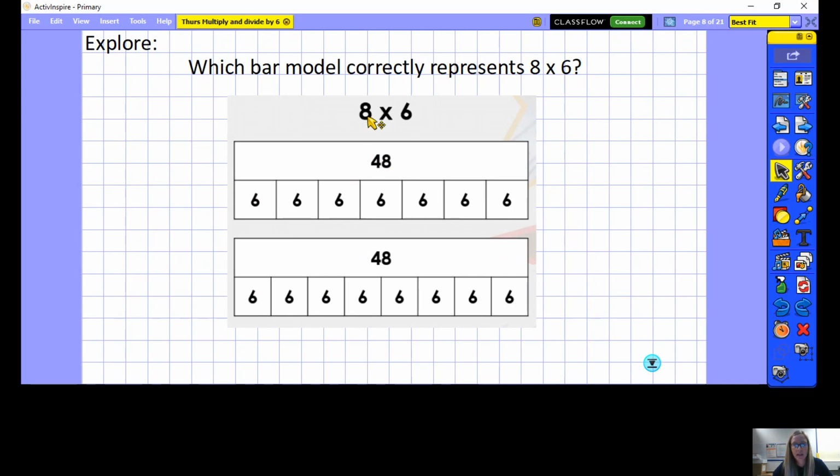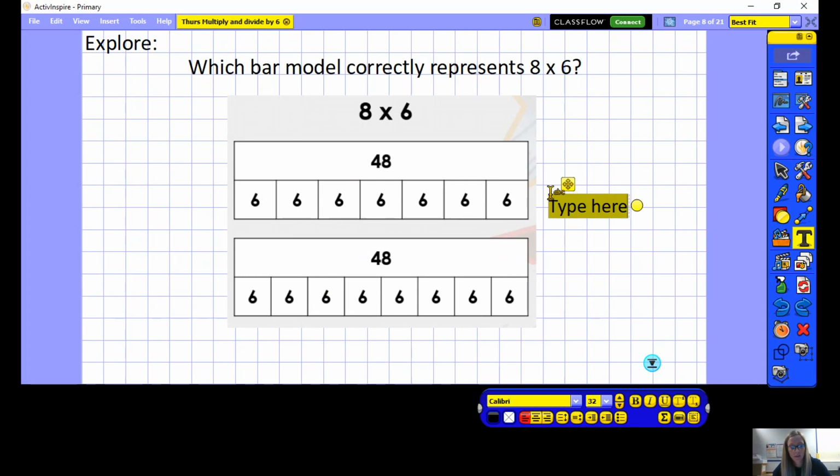So 8 times 6 is the same as 8 groups of 6. Let's count how many groups of 6 we've got on this bar model. 1, 2, 3, 4, 5, 6, 7. So that bar model only has 7 groups of 6.